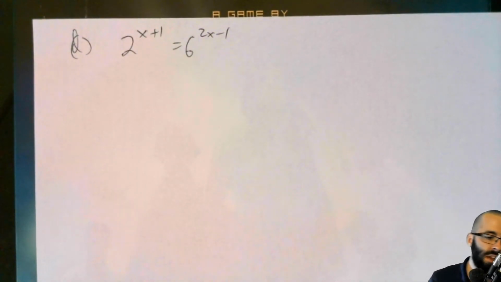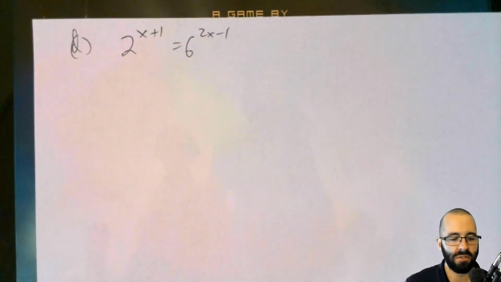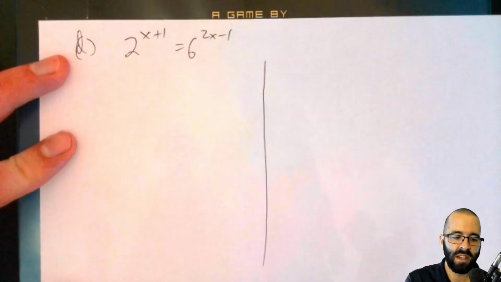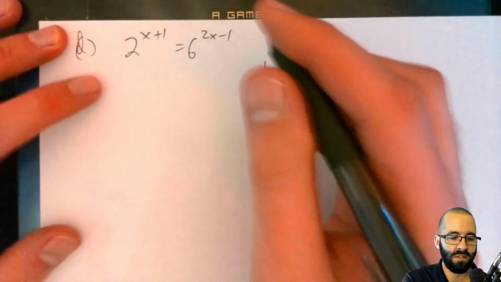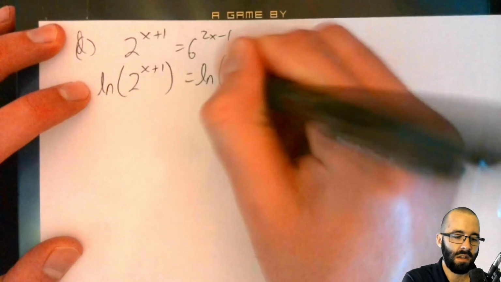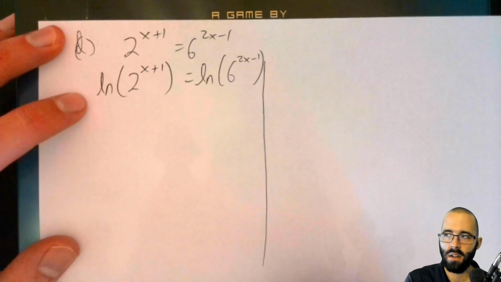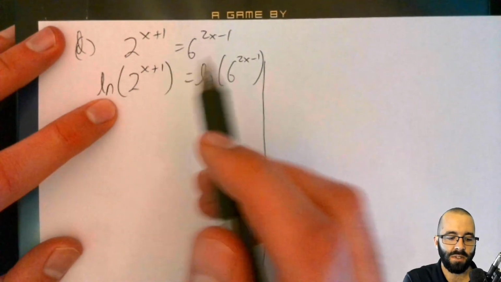All right. So let's do the natural log. Let's do it two ways. We'll do the natural log on one side, and we'll use log base 2 on the other one, just to compare contrast. So if you use the natural log on both sides, this is what we get. So use properties of exponentials.